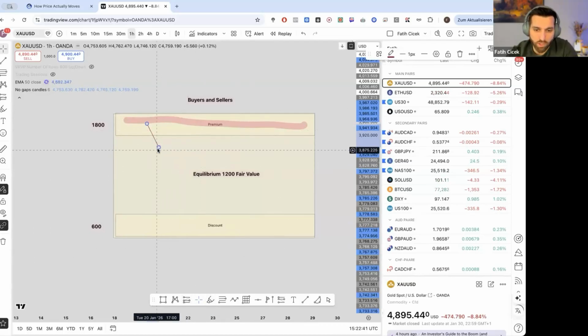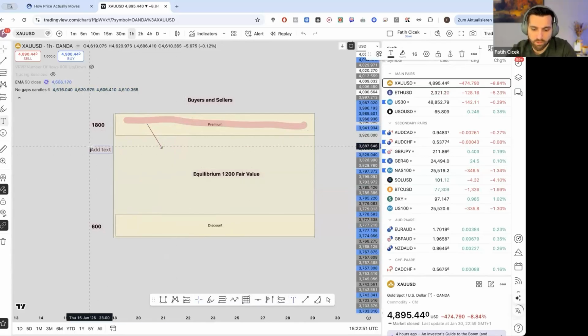Because what happens when price drops? This is enticing sellers to decrease their price because now they're in FOMO. They don't want to miss out on this opportunity to sell their iPhone because they're assuming that the price is going to go even lower.